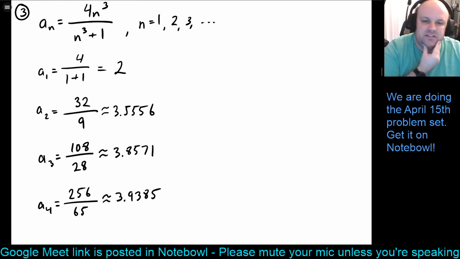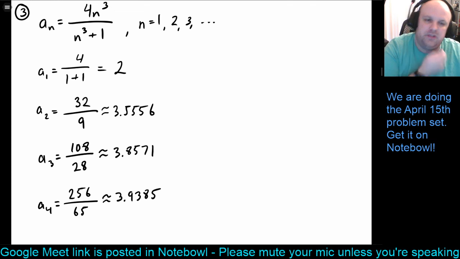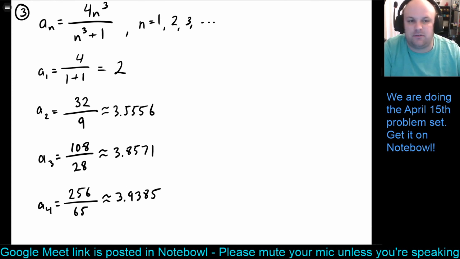So here's one of those situations where you might be able to see what this is going to start approaching, but you really can't base an estimate off of the first 4 terms. If you're doing it numerically like this, you have to start picking really large values of n. Say n equals 10, 100, 1,000, and so on, and see where that's going.